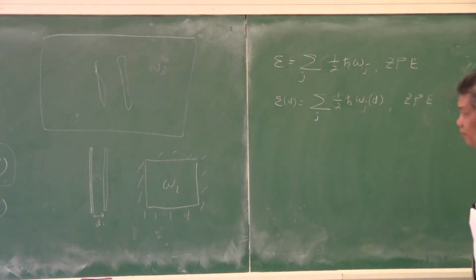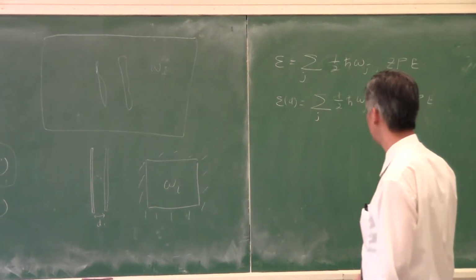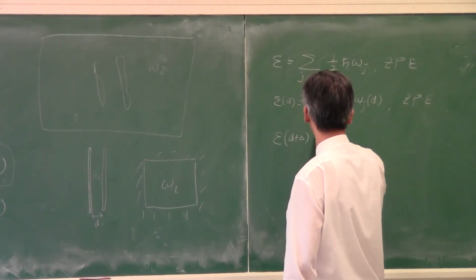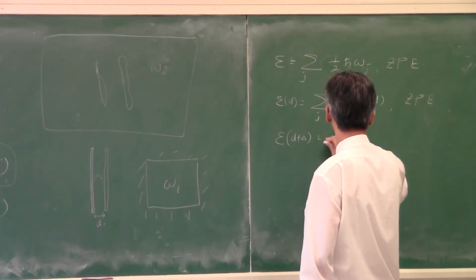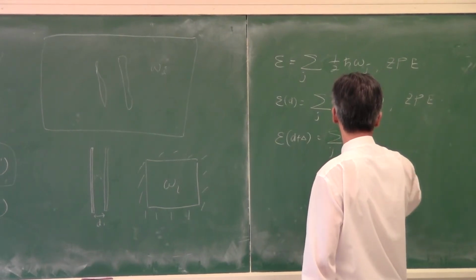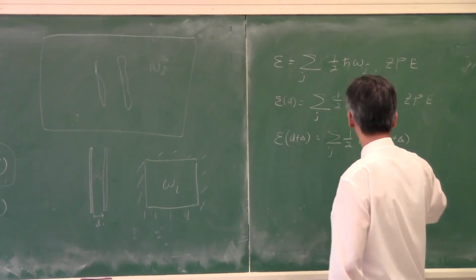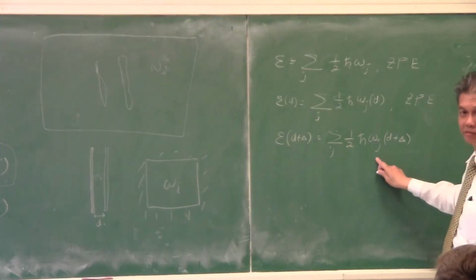Okay? So in order to calculate the force that has been exerted on these two parallel plates due to the presence of the vacuum fluctuating field, I actually can change the separation a little bit and then calculate the new resonant frequency that I will find.